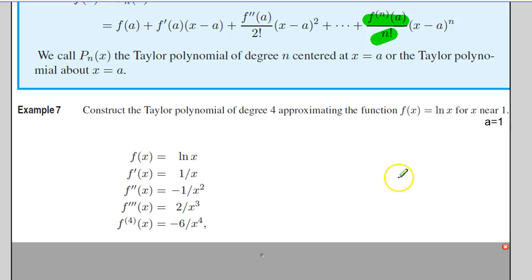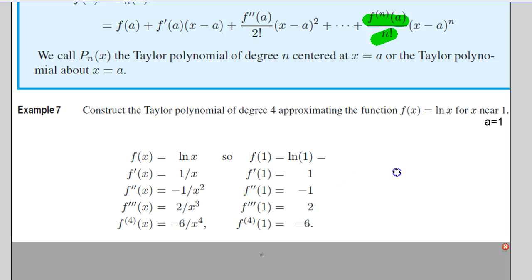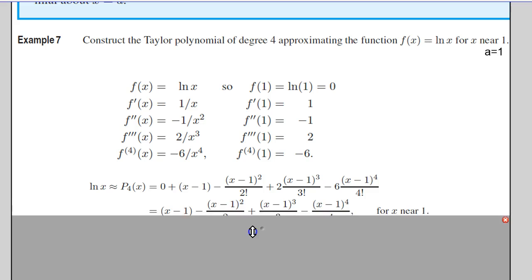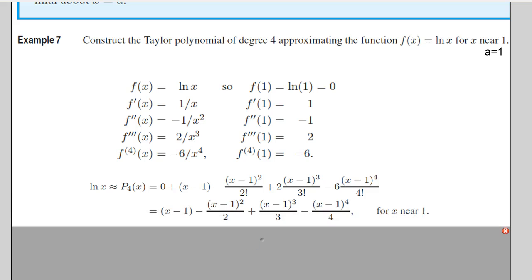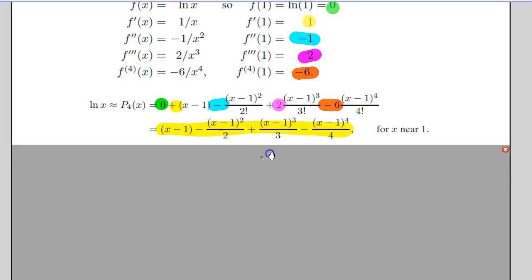And then we need to evaluate them at a equals 1, and we end up with all of these values that are going to be used for our coefficients as we saw up here. And now it's just plugging stuff in, and then we simplify the expression and we end up with our final answer in this form. And again, this works for x values near 1.